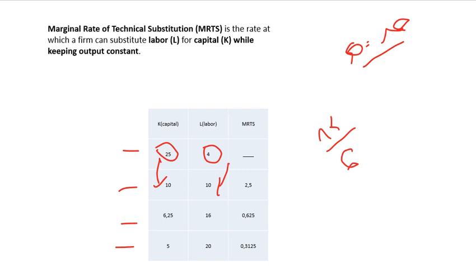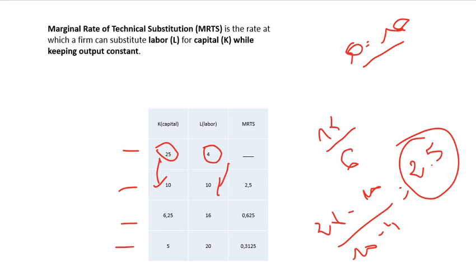We got this 15 from 25 minus 10, over 10 minus 4, which is 15 over 6, which is 2.5. It means that the firm is willing and able to replace capital by labor at this rate, which is 2.5.